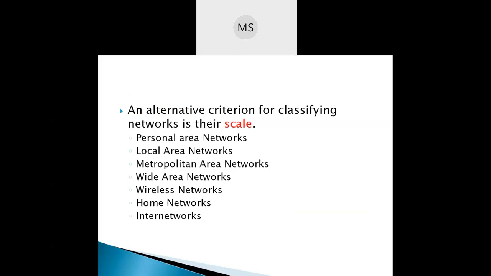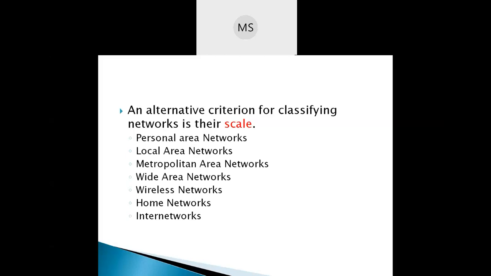So let me repeat again. Computer networks are classified in two dimensions. One dimension is based on the transmission technology, the other is scale. Scale means coverage area. Based on the transmission technology, networks are classified as broadcast networks and point-to-point networks.